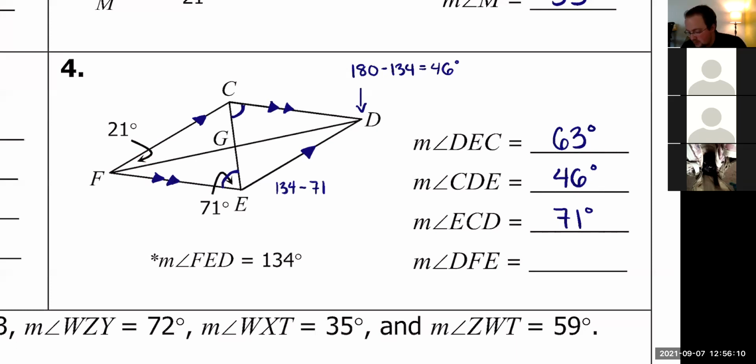No. Ooh, but I technically do because F is opposite D, and opposite angles are congruent. So this entire angle is 46 degrees.